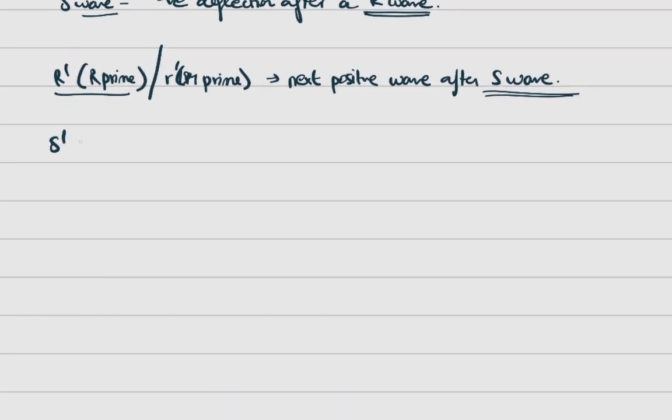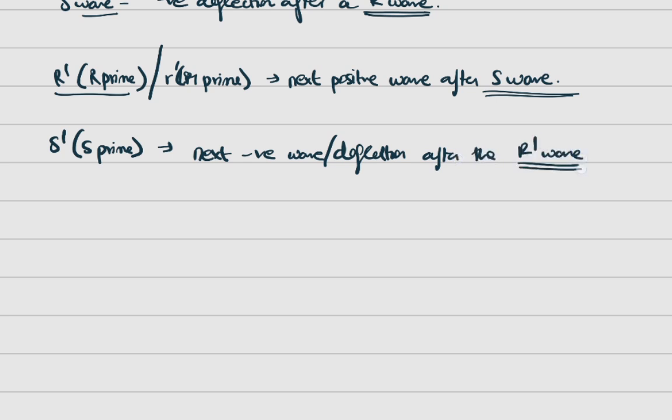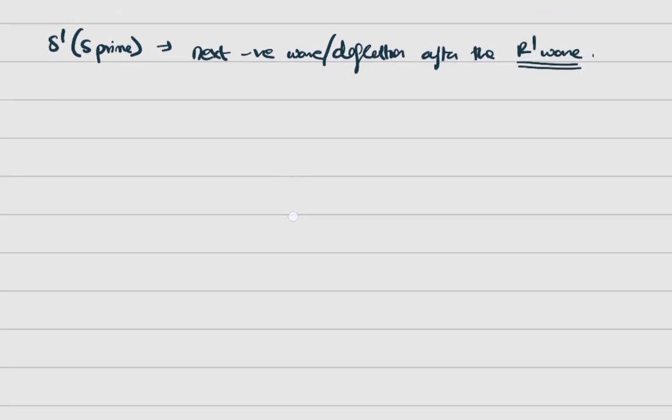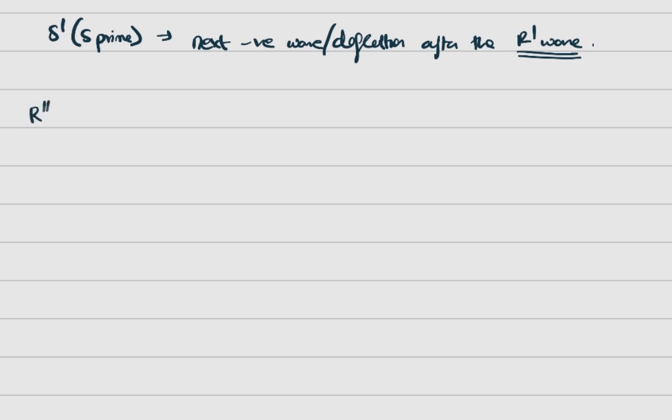And S dash or S prime is the next negative wave or deflection after the R dash wave. So this is called the S dash pattern. Rarely there are also patterns that can be seen: R double dash, S double dash. These are additional waves that are needed to describe the QRS complex. Double prime can be used for the next positive wave, or S double prime for the next negative wave. These are rarely used, but you may see such waves.